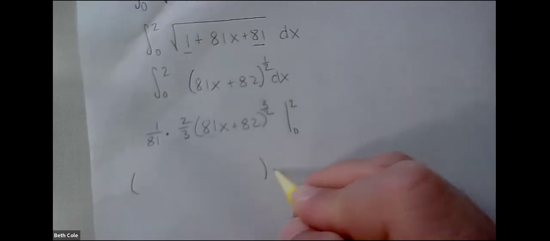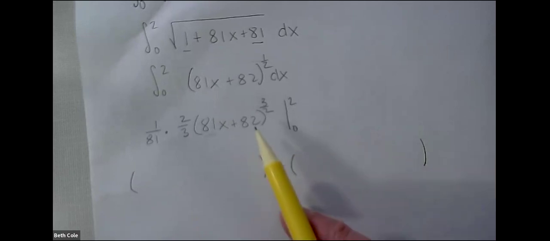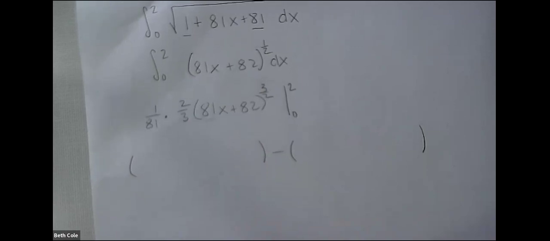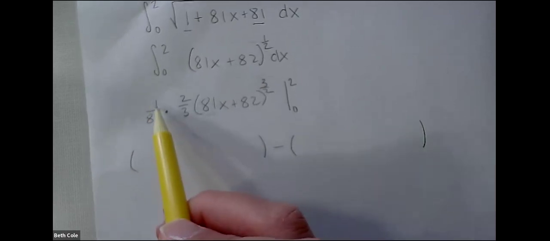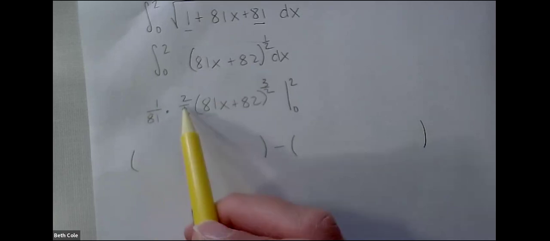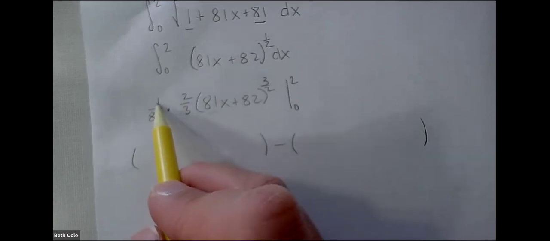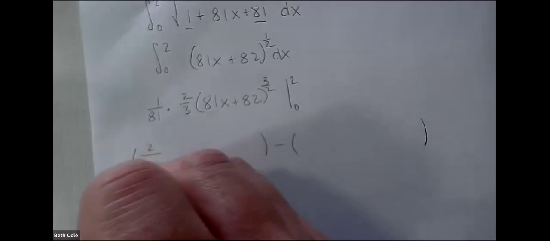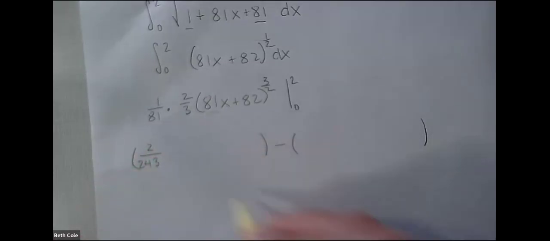We're going to do upper minus lower. Be really careful here because plugging in 0 is not going to make this whole thing 0. Sometimes that happens and that's convenient. That's not going to happen here, so just be careful. Again, you'd be within your rights to leave it like this. I'm going to simplify it just so I can do less writing. 1 times 2 is 2. 81 times 3 is 243.